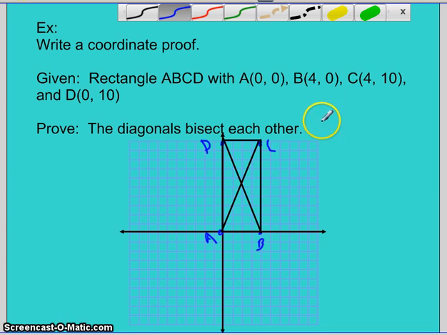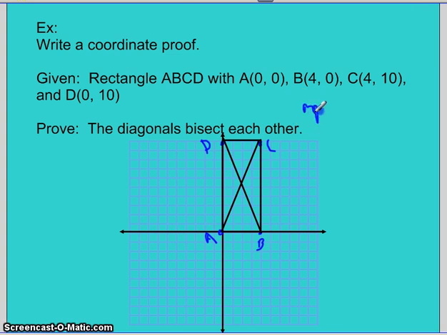Okay, so let's put the midpoint formula up here if you forgot it. The midpoint is equal to the average of the x's, so we take x1 plus x2 and divide that by 2, and then we take the average of the y's, which is y1 plus y2 divided by 2. We're going to go ahead and plug this in.